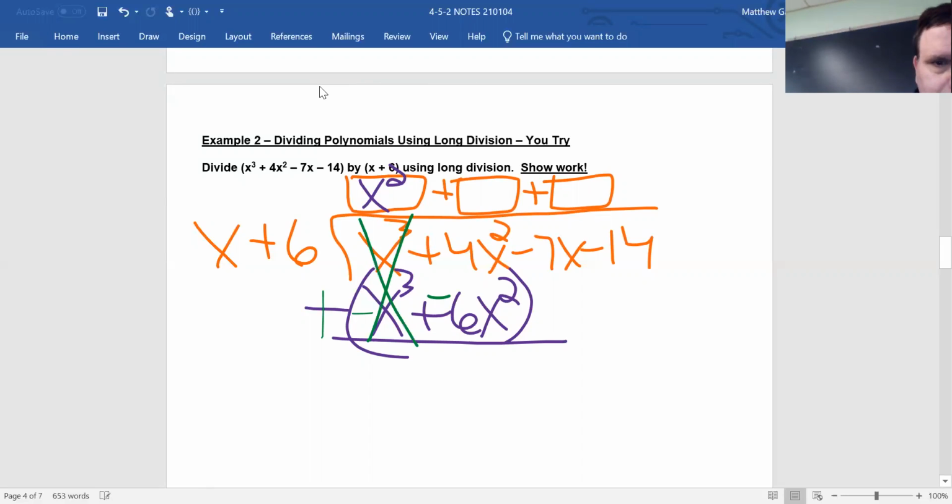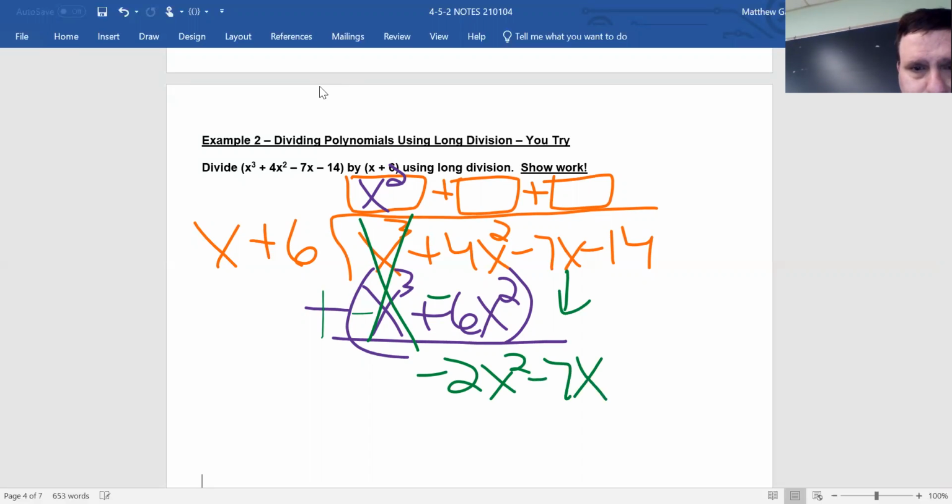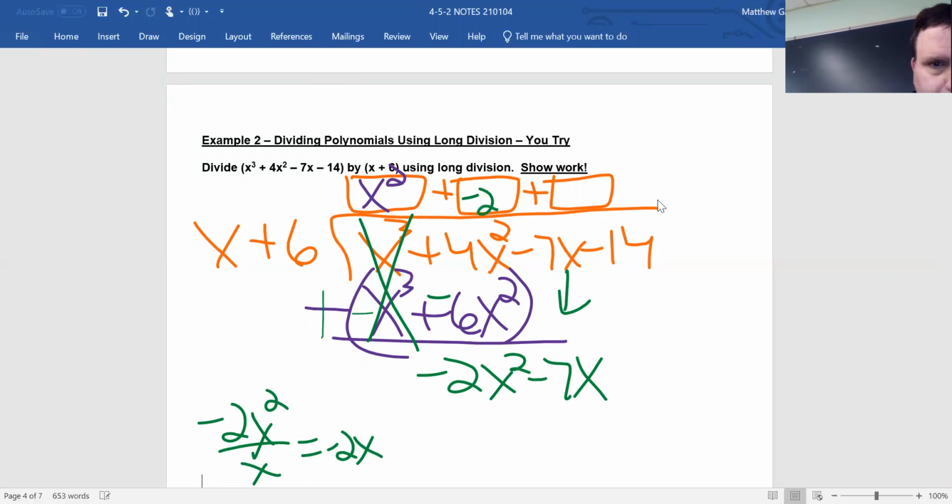So x cubed cancels, and 4, negative 6 adds to negative 2. Bring down one term. Now we're going to say, well, what times x gives you negative 2x squared? So just divide them, and we get negative 2x. That's going to go up top here.